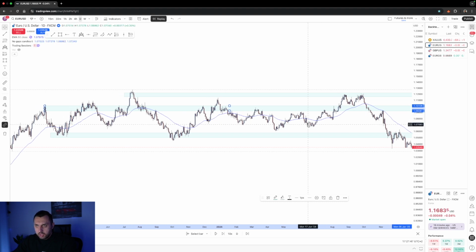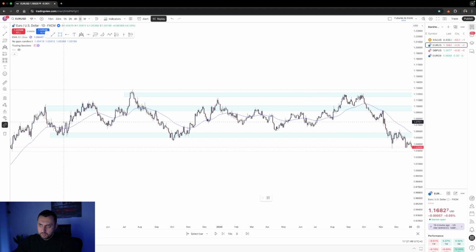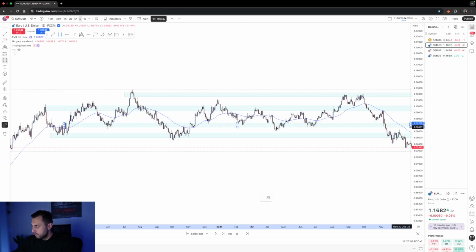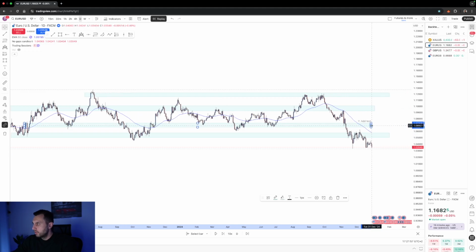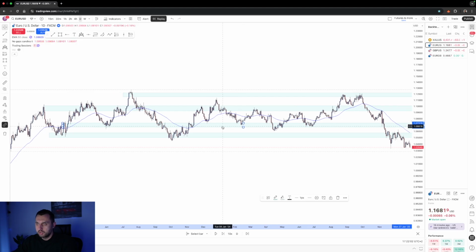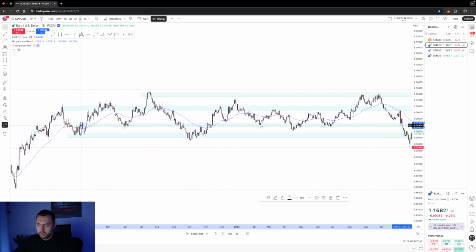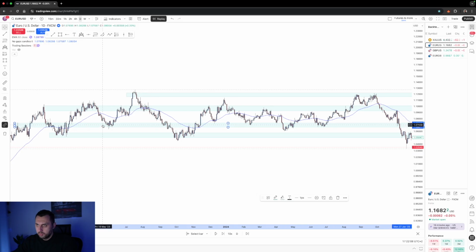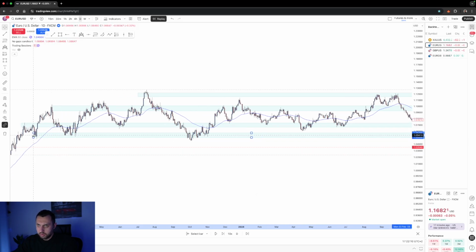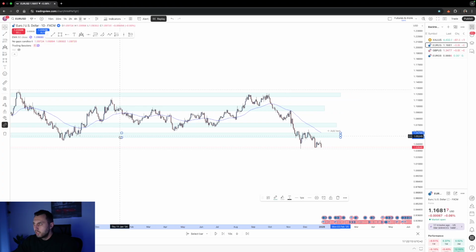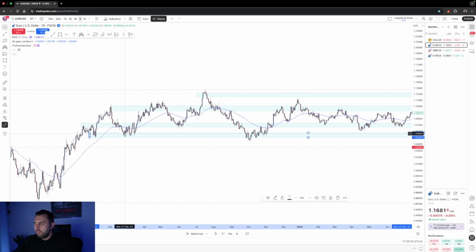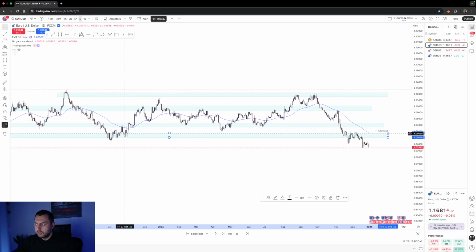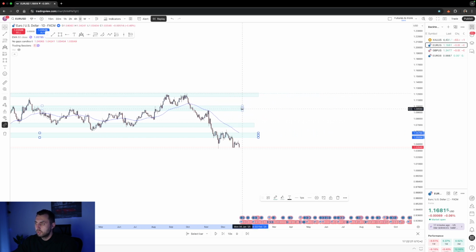And we have here another one. It doesn't need to be perfect, but at least for you to understand where the price could reject. And this could go through here. This is also on weekly, but it's okay. So I feel that these are the zones that are important right now.